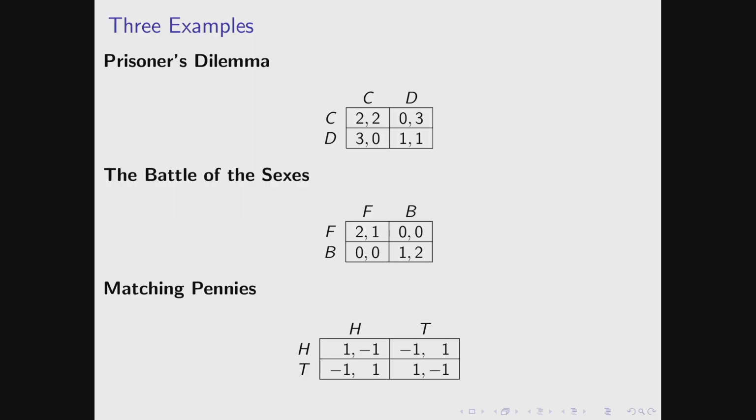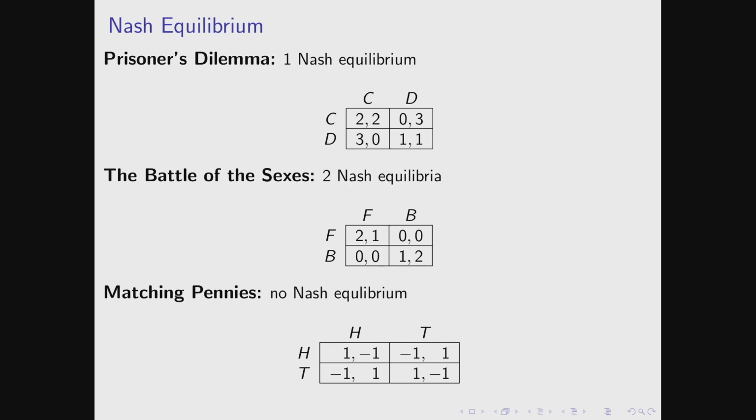And the idea is that the 0-0 is never a good outcome, but these 1-2 and 2-1 are equally good. The question now, of course, arises which one to choose, and there is a problem. This is an example of a game with two Nash equilibria. And this is to show you that it's not so simple, that if a game has a Nash equilibrium, then we know what to do. This is a standard example of a game where there are two Nash equilibria.